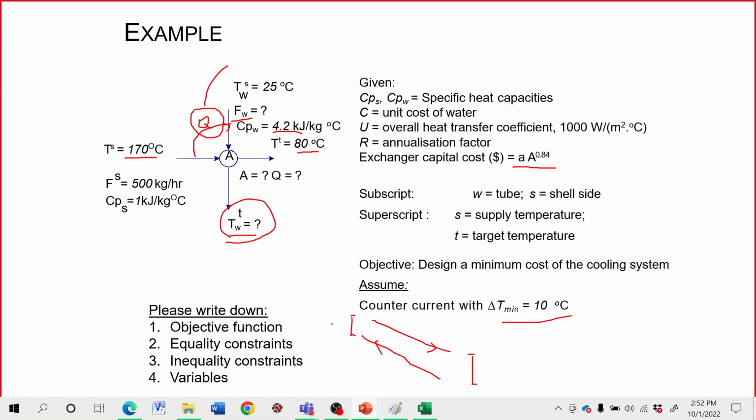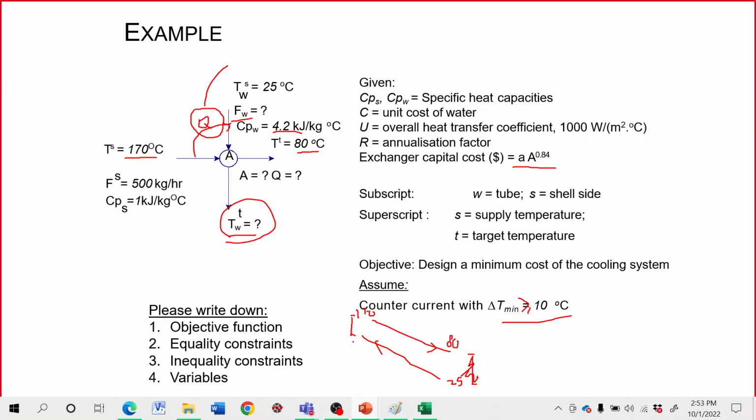So it's 10 degrees C over here because we have inlet and outlet. We have 170 over here, and this is 80 degrees C, and this is 25 degrees C, right? So okay, this is not valid. So that 10 degrees C is from 170 to here, so it has to be minimum or larger. So minimum of 10 degrees C.